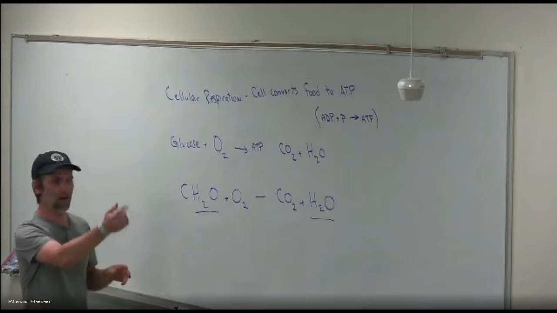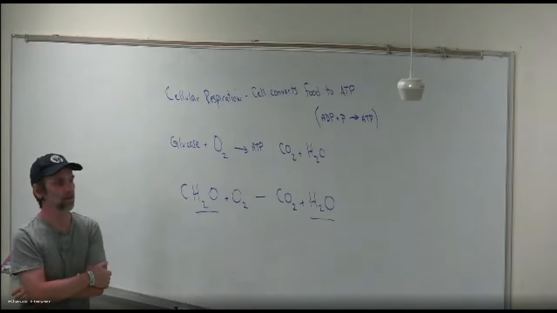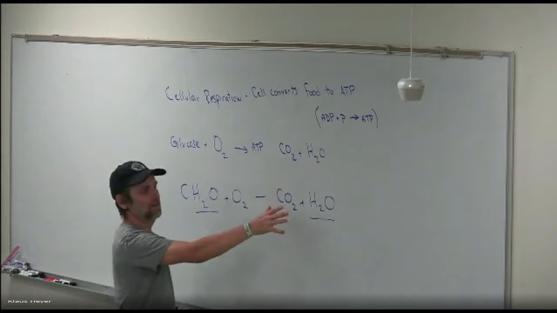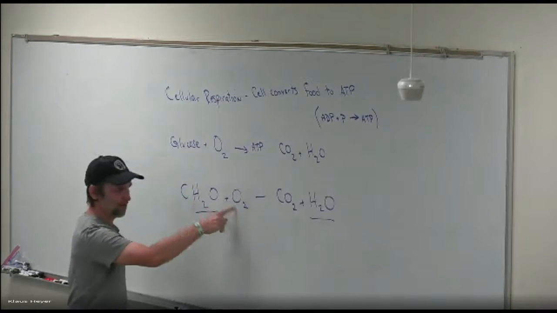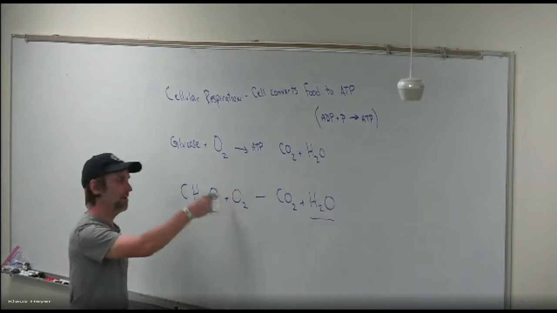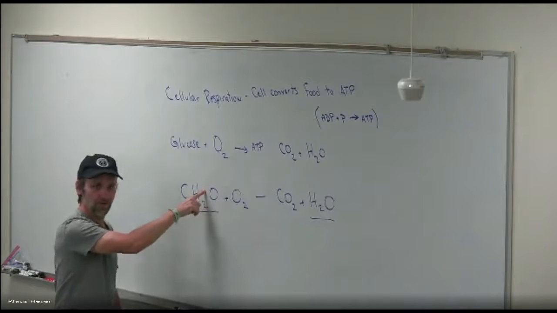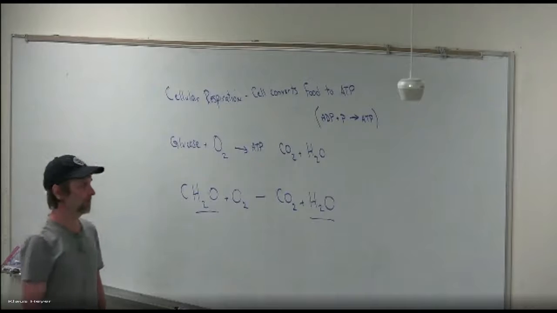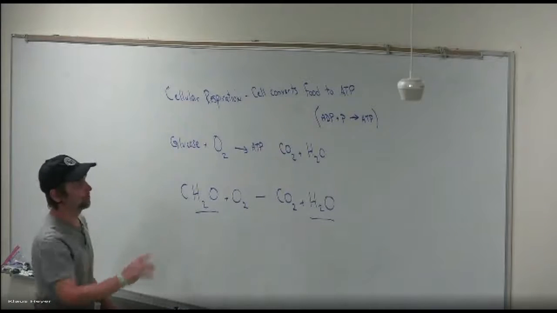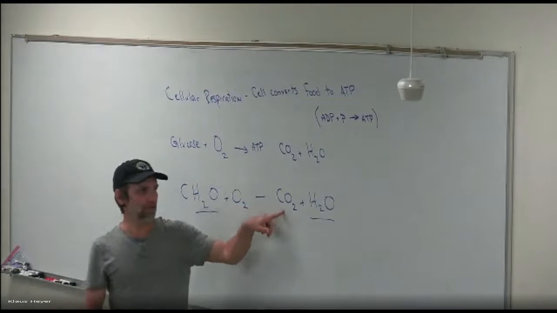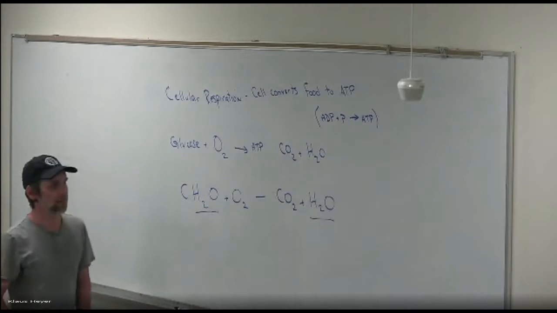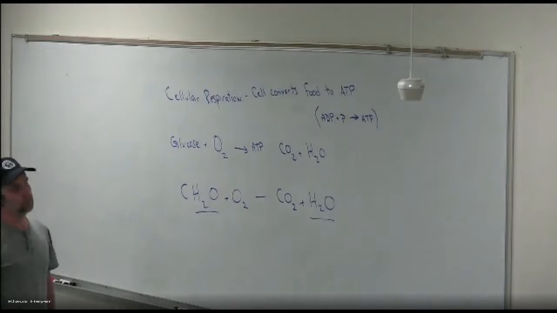When we talk about photosynthesis, it's the opposite. The plant is taking these two things in, and oxygen is the byproduct, and it's making sugar. So this is respiration, right? Glucose plus oxygen come up with CO2 and water.